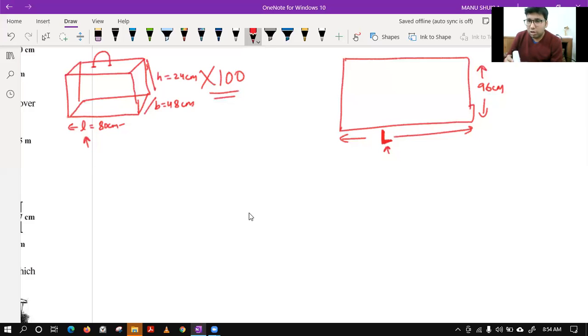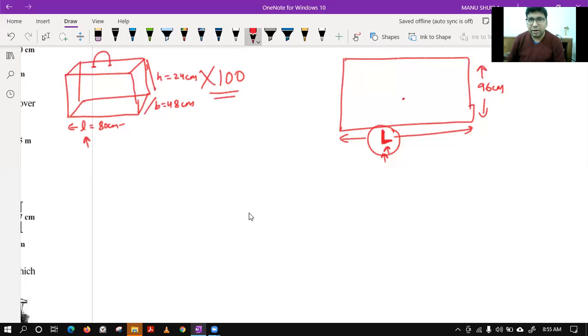Now, let's change the question. Your father purchased some meters of cloth and brought it home. When you asked your father what length he purchased, he said, you are a mathematics student, you can tell me.